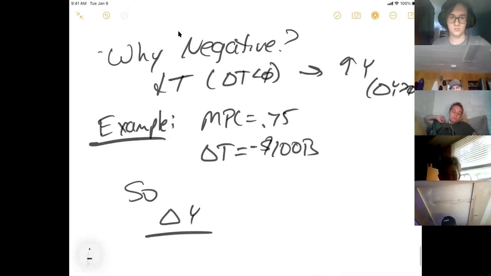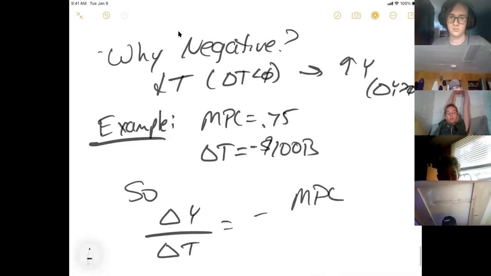So what's the change in output from this change in T?